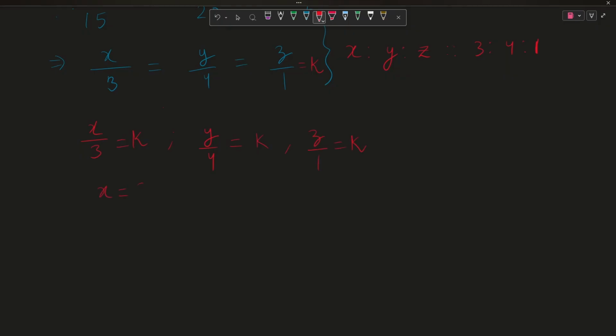So x will be 3k, y will be 4k, and z will be k.